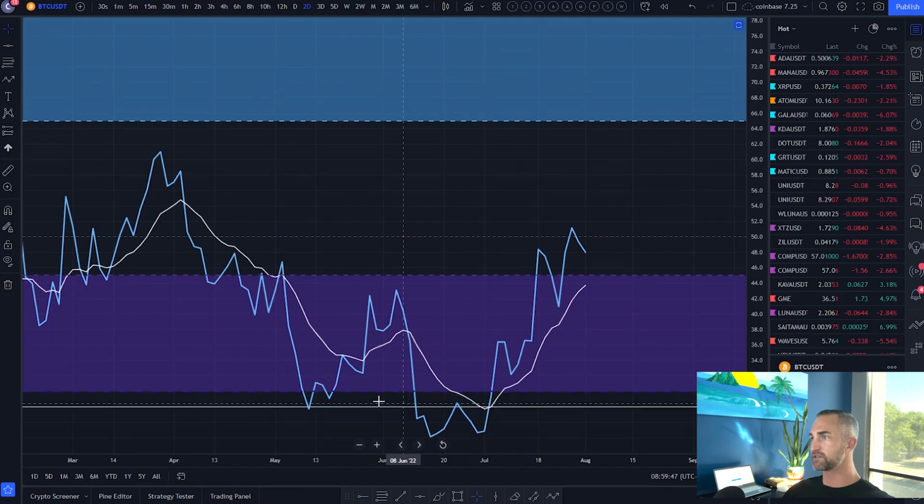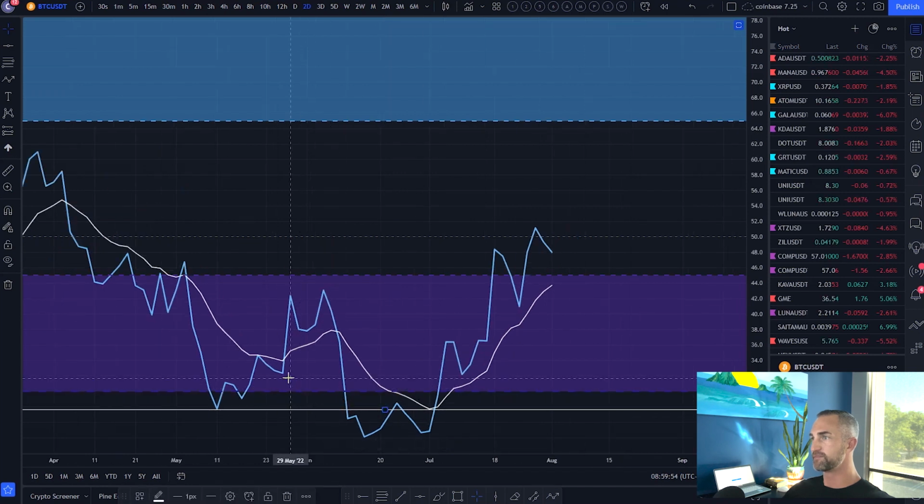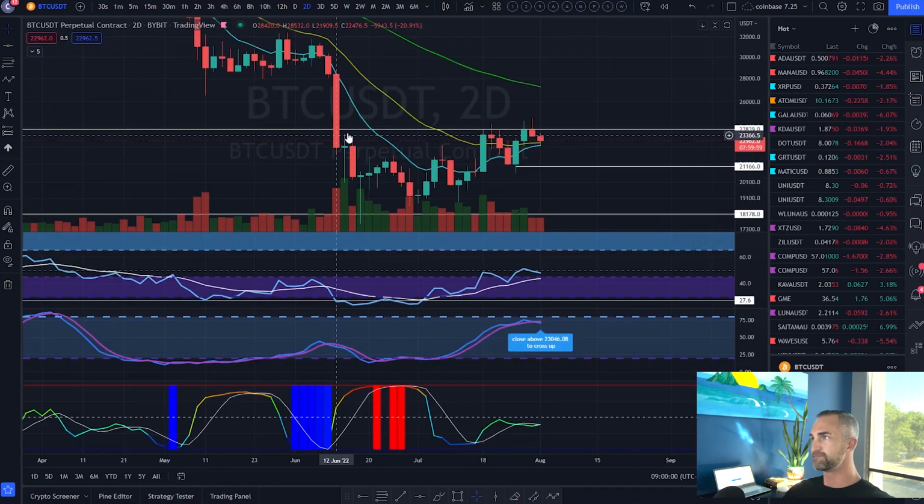So, as long as RSI does not come back down below this guy on a 2-day time frame, then that would be the low right here, maybe right here. We will have 3 drives of hidden bullish divergence. So maybe price goes like this, right?